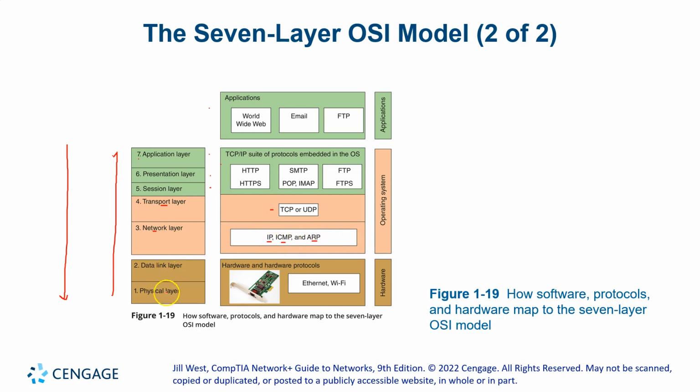And finally, the 2 layers at the bottom: MAC, Media Access Control addresses, physical addresses, in other words, run here, and your cable, your media, whether it's cabled or Wi-Fi, runs here at layer 1.